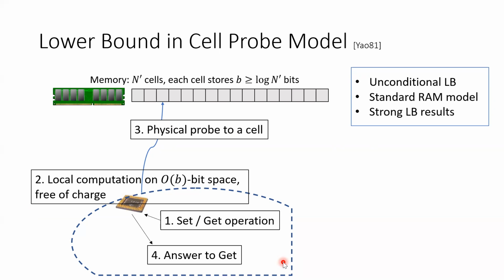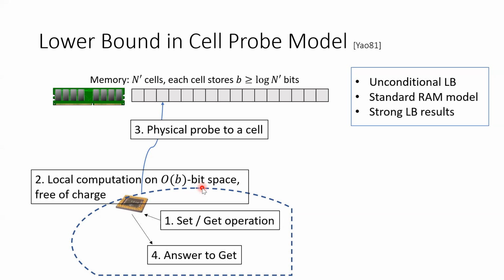I will also use it later, but this model is quite straightforward. It follows Yao, who named it the cell probe model. In this model, the algorithm or the data structure implementation gets as input every time a single get or set operation. That's one operation on our abstract data structure, that's array. And then this algorithm is able to perform crazy and unbounded computation using its local space.